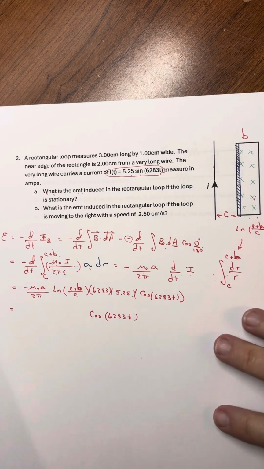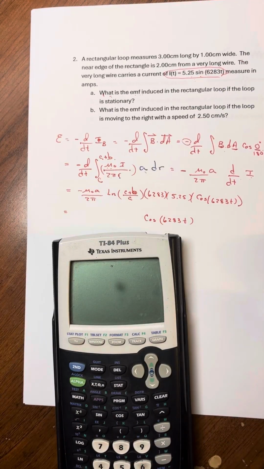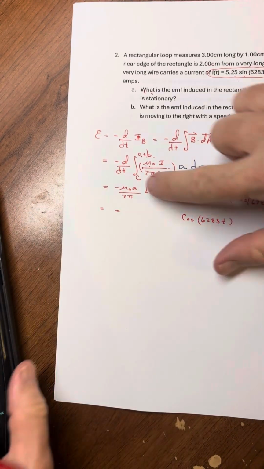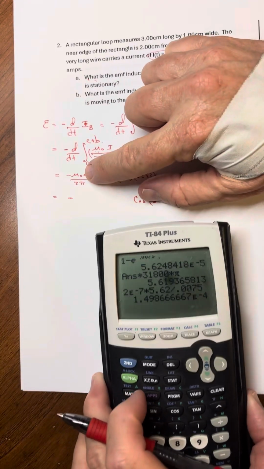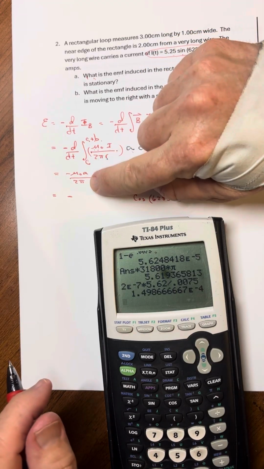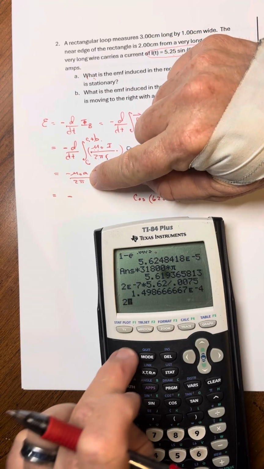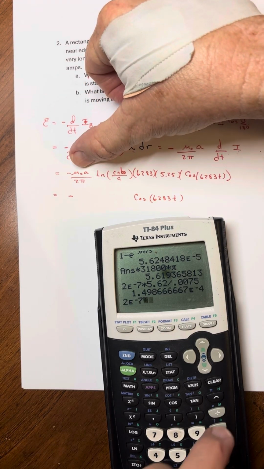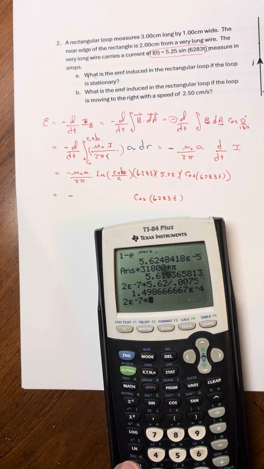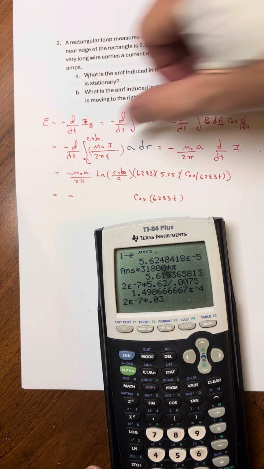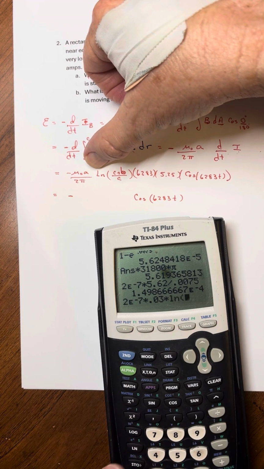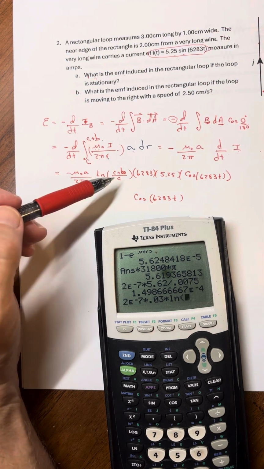And then grabbing the calculator here, maybe I'll just leave the negative alone. But taking advantage of that same thing we've been talking about, mu naught divided by 2 pi is just 2 times 10 to the negative 7. Times the A, that's the 0.03, times the natural log.